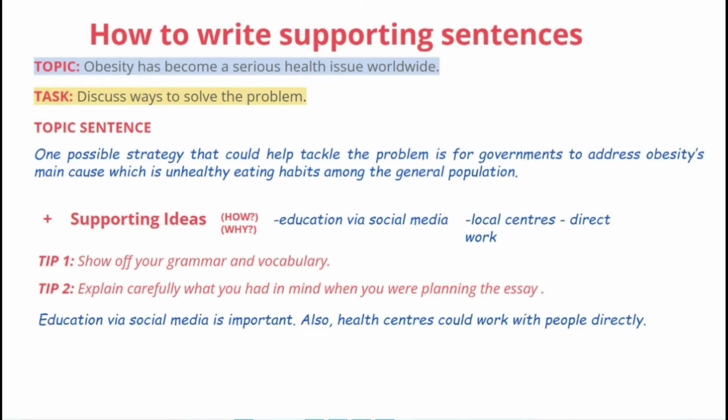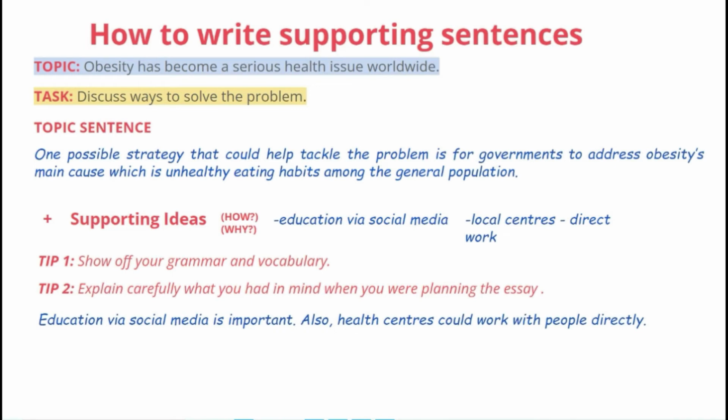But you should not make the examiner or any other reader of your writing do any guesswork. If the reader of your writing has to guess what you were trying to express, that means that your writing is poor. So think about your ideas and explain them carefully.